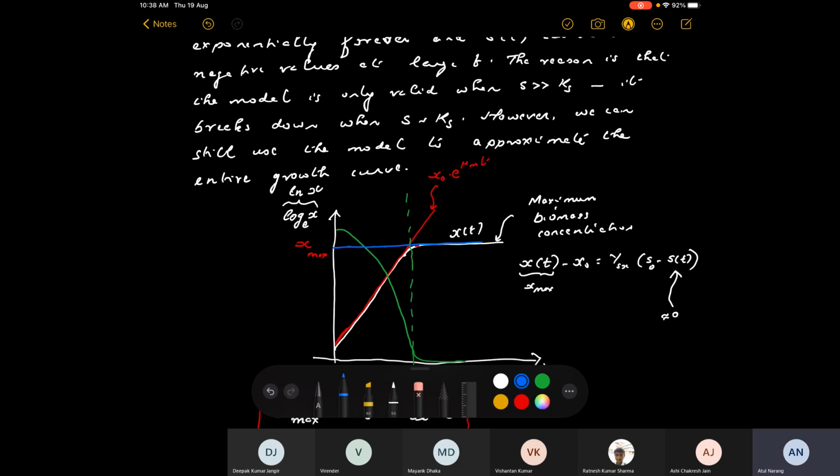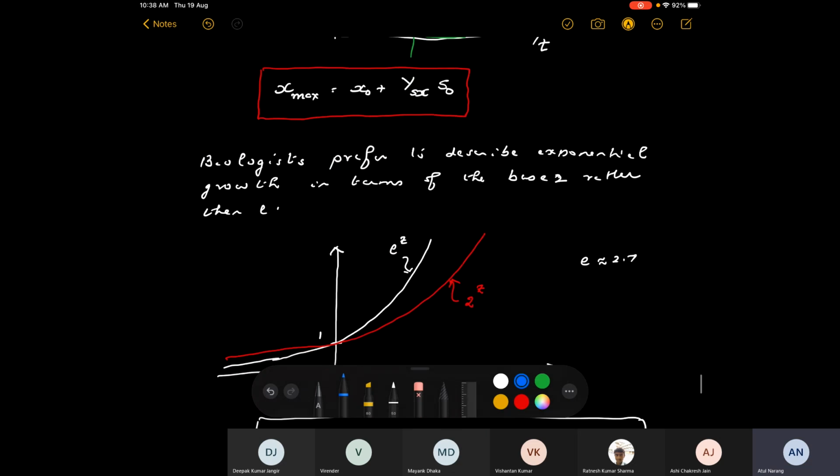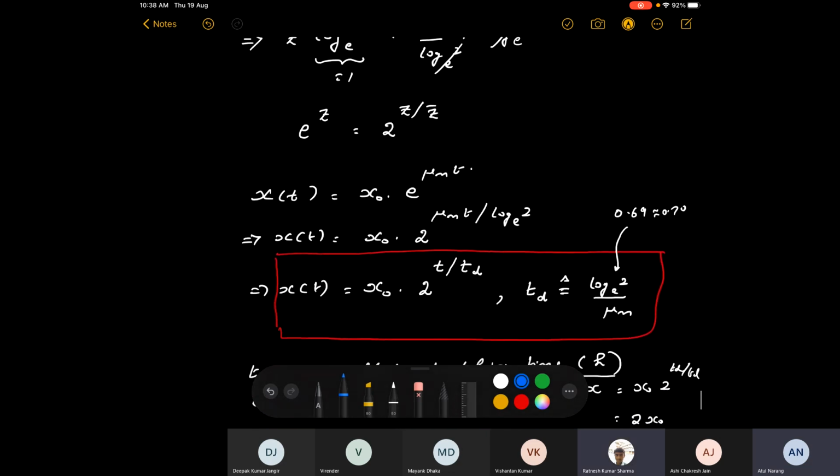So we follow the red line, and at x equal to x max, we switch over to the horizontal blue line. That is the idea behind this approximate model. So I hope that the picture is clear. Now there's only two more things I want to do.